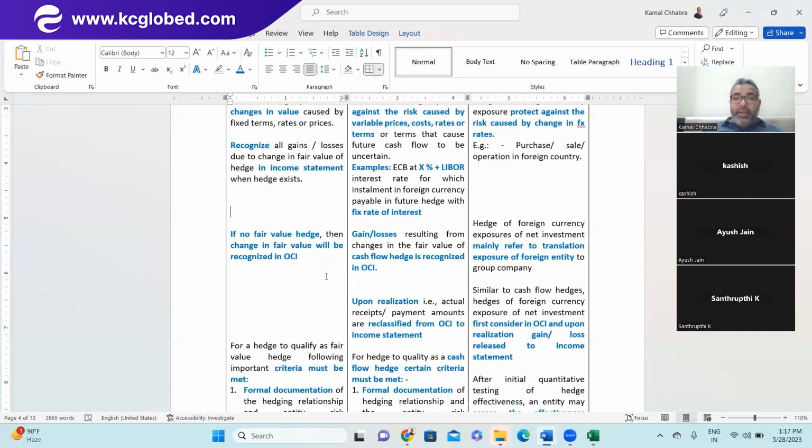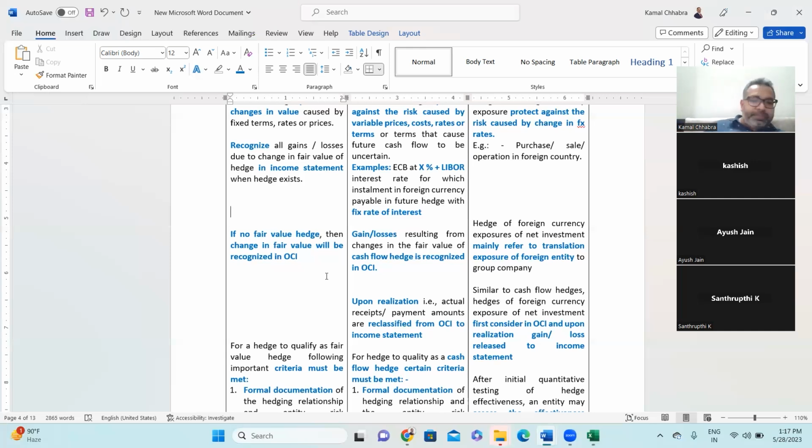But at the beginning, it will all go and sit in other comprehensive income. Make sense? Yes. Upon realization, that is actual receipt or payment, the amounts are reclassified from other comprehensive income to the income statement.